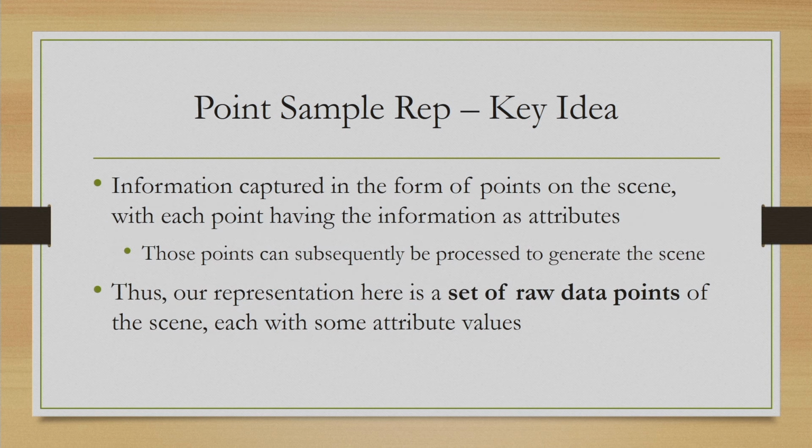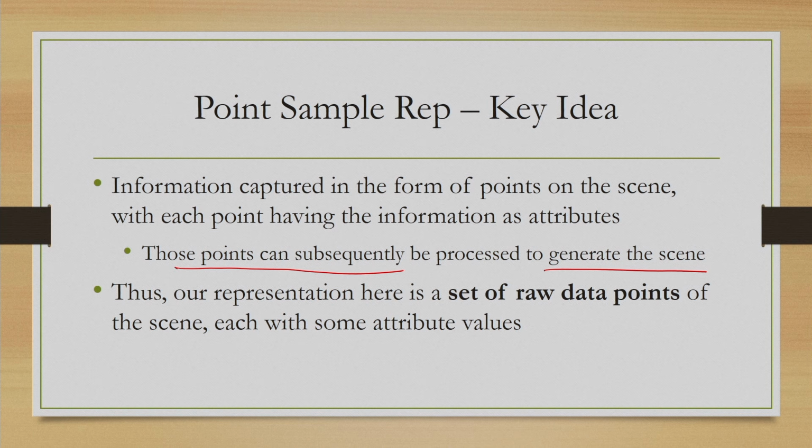Now, since we already got this information, we do not need to compute them and we can directly render these points on a screen. So, we can process these points subsequently to generate the scene. So, here the focus is on capturing the information rather than computing the values.